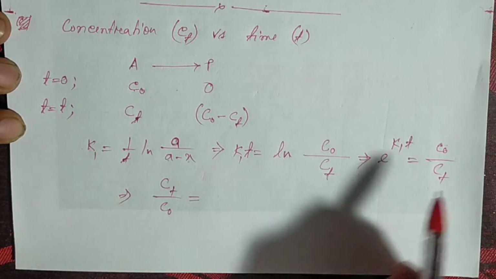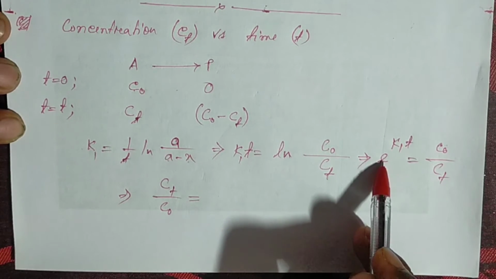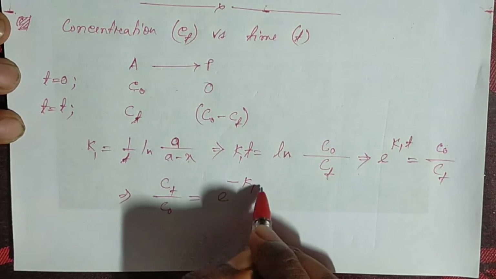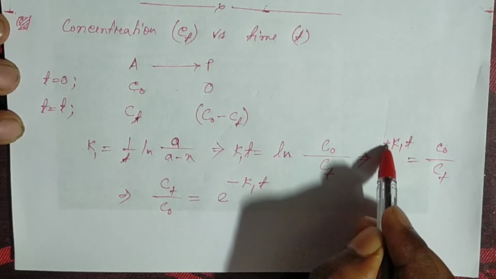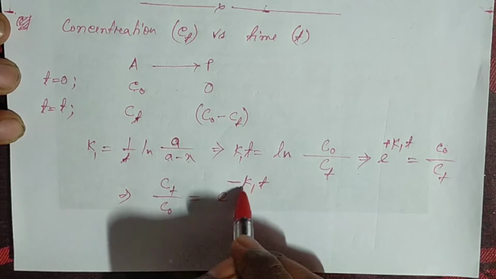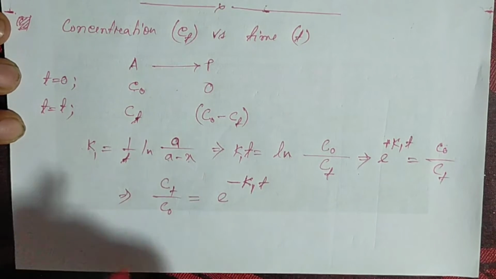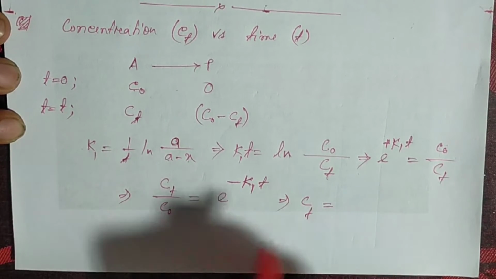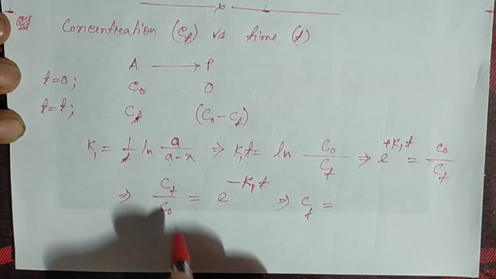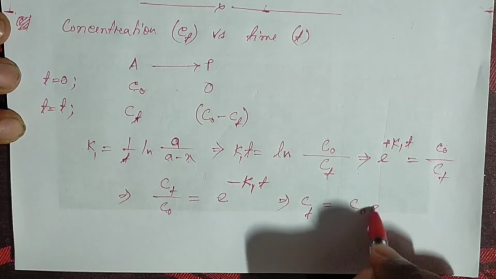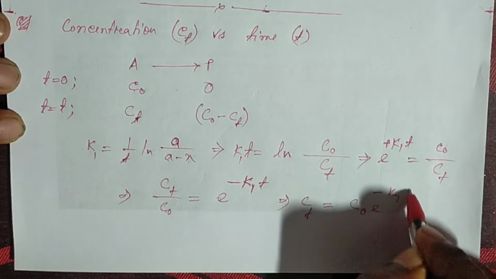So if you invert this part, then you have to invert this part also, so it will be e to the power minus k1t. There is a positive sign here, but as you invert this, it will be e to the power minus k1t. Then we can write Ct is equal to c naught e to the power minus k1t.